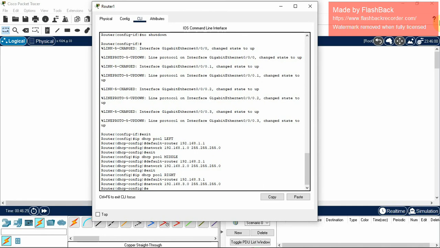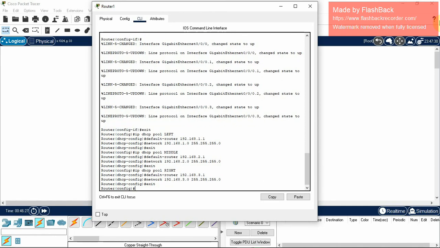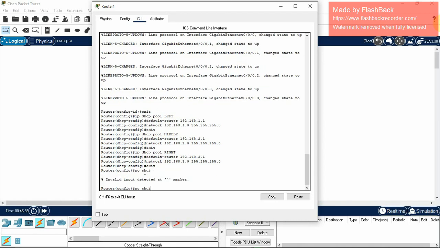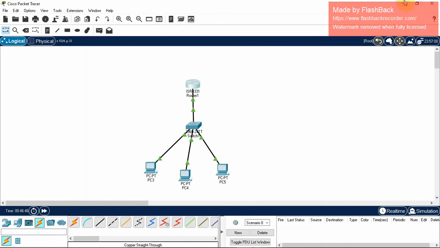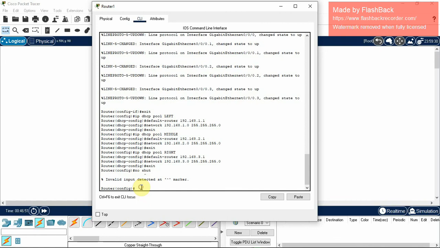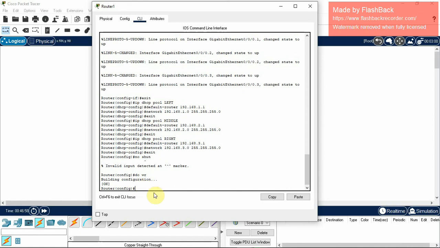So we exit. I see it's running already. It's all green. So we'll issue do write, and it's going to copy all that into the memory.